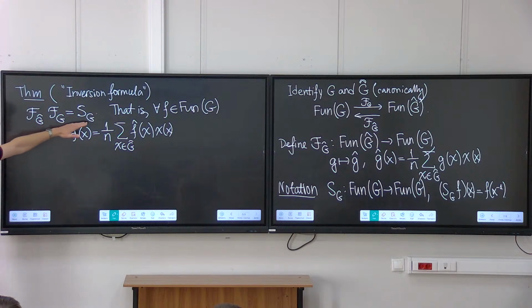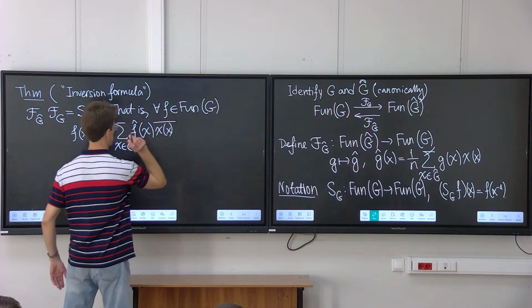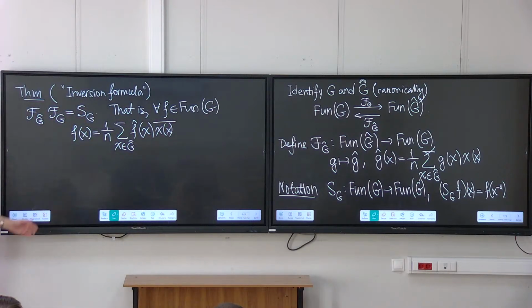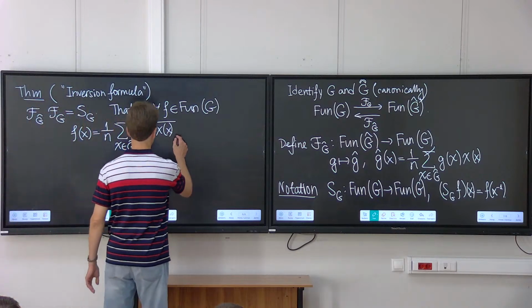It is not identical, it is S_G. But to make it correct, we can simply put the complex conjugation here, because chi of x complex conjugate is chi inverse of x, that is S_G applied to f of x. So this is the Fourier inversion formula.